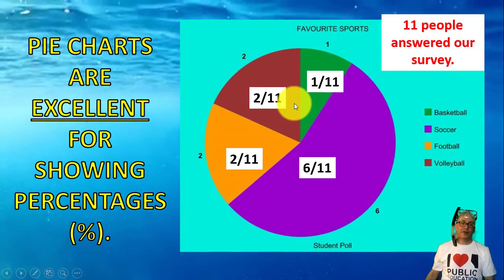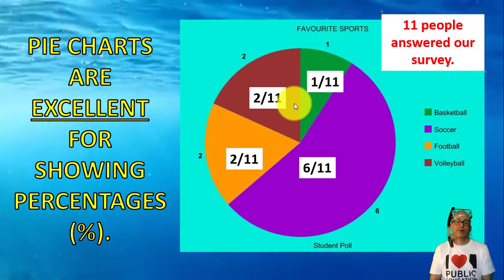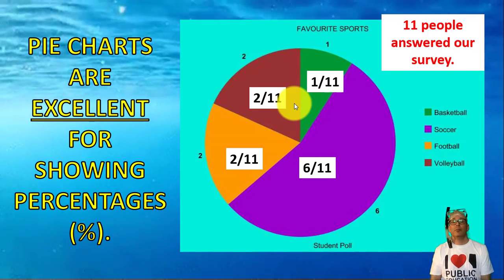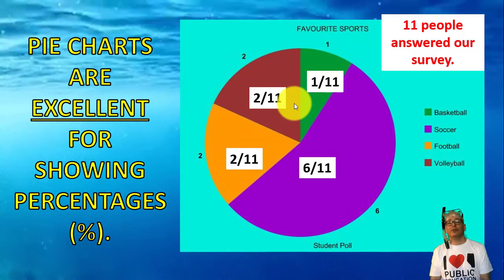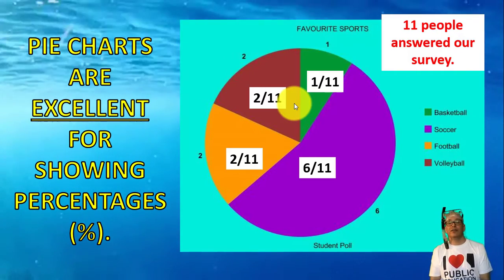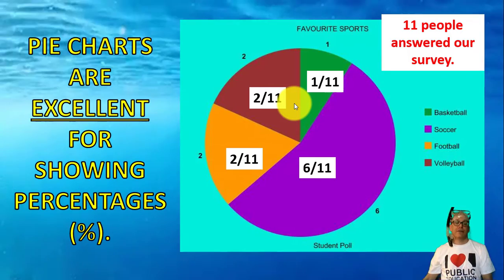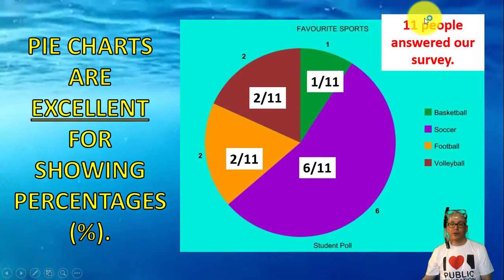Okay? Pie charts are excellent for showing percentages. So you can show numbers, but you can also show percentages. Do you remember how to find percentages, students? You can find them easily when you have a fraction. There were 11 people surveyed, right?